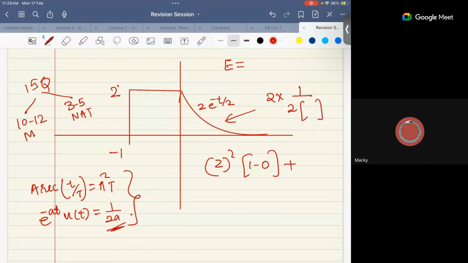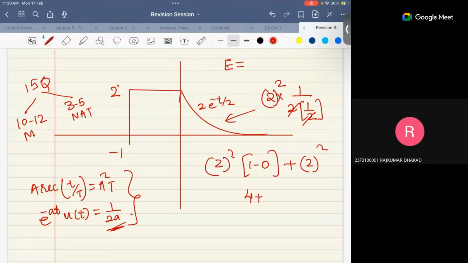Half. Yeah, 2 is square, so we'll be having 2 square here also. So 4 plus 4 equals 8.